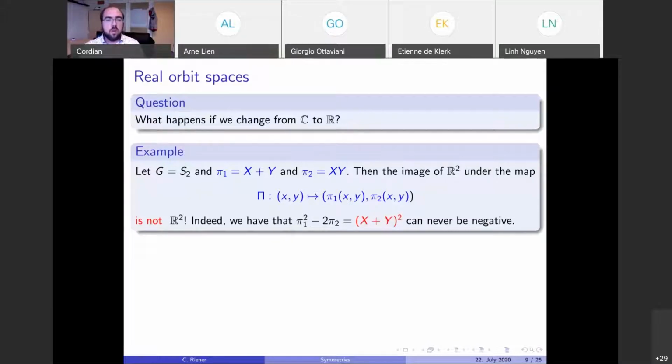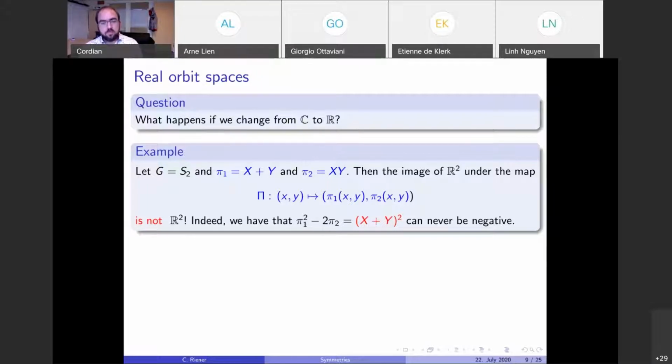Look at pi1 squared minus 2 pi2, which evaluates exactly to x squared plus y squared. And this entity can never be negative. So whatever we do, we can never reach a point where this entity is negative.